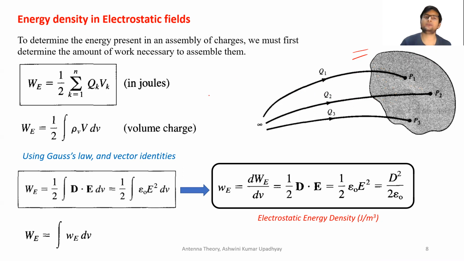The total amount of work necessary to assemble them at particular points is given as the total amount of energy, which is potential energy, saved in that system of charges. So it is given by this formula. For the derivation, you can refer to the Sadiku book for electromagnetic field theory. I'm just giving you an idea of how this formula came.